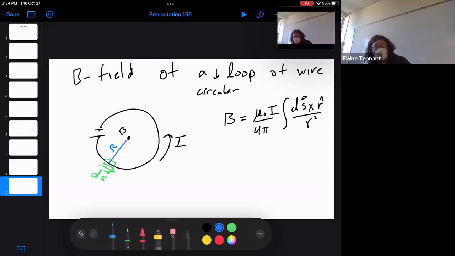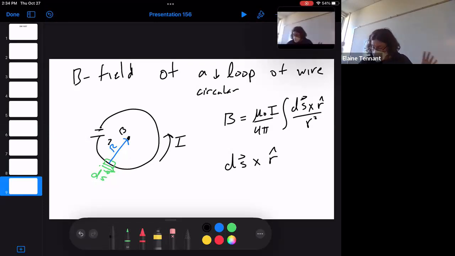Since I'm looking at the point in the center of the circle, my R just goes from the ds, the chunk of wire, to the center of the circle. So let's go ahead and do this cross product first. ds cross r hat, r vector now.